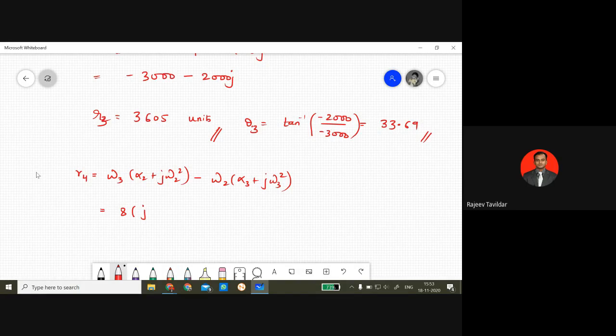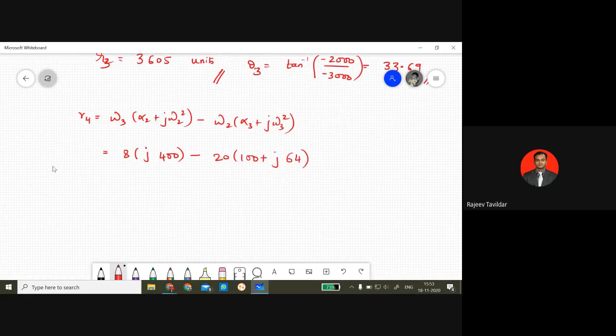So this will be j into omega 2 square, that is 400, minus omega 2, 20, into alpha 3, which is 100, plus j into omega 3 square. Omega 3 is 8, so this is 64. 8 4s are 32, j minus 20 j.